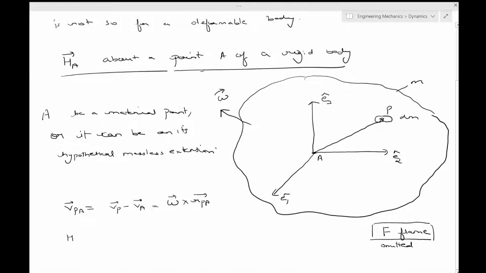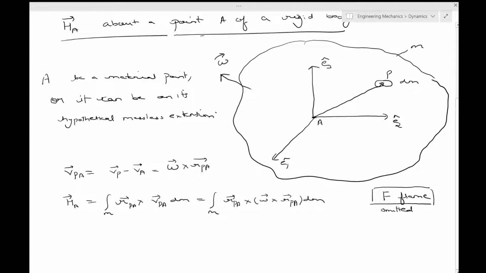Now we can say HA is the integral of RPA cross VPA dm, which is RPA cross (omega cross RPA) dm.